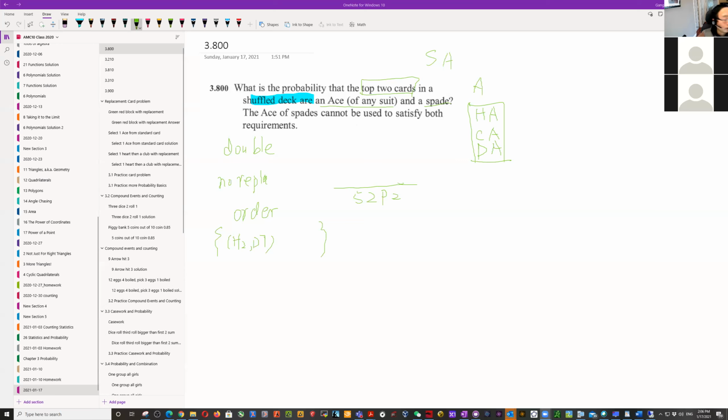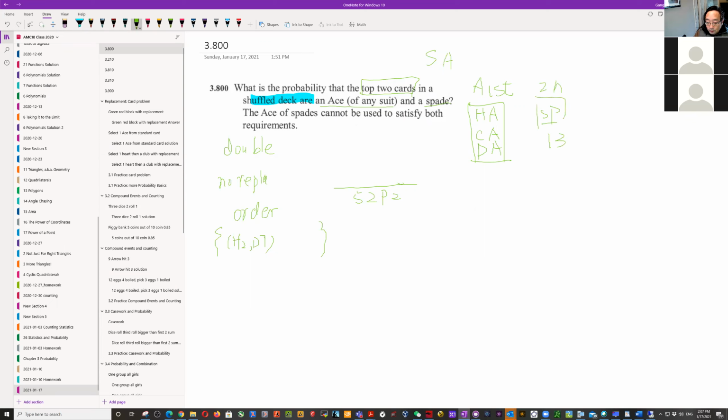Okay, right now we will have to consider: if we have heart A, club A and diamond A as the first card, and the second card is any spade, then it works.